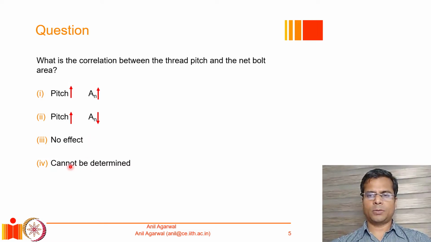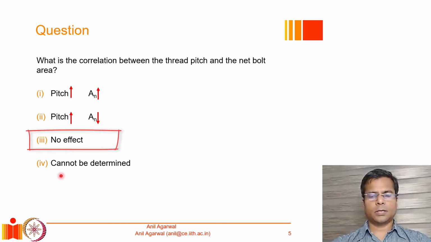If it cannot be determined, please answer 4. I'll wait for you to answer. Okay. So the correct answer is, as the pitch is increased, the net cross-section area decreases.